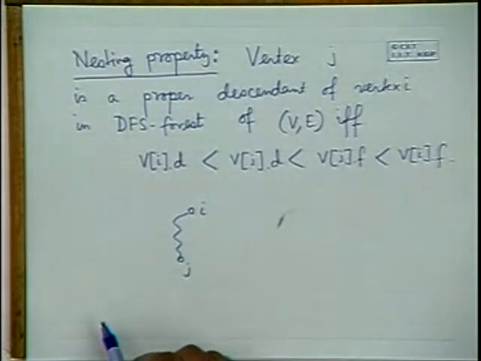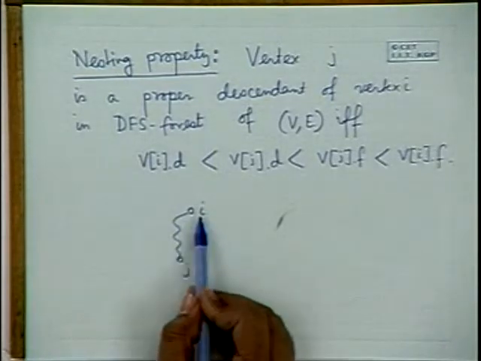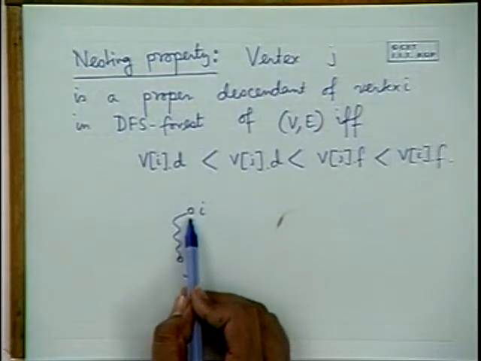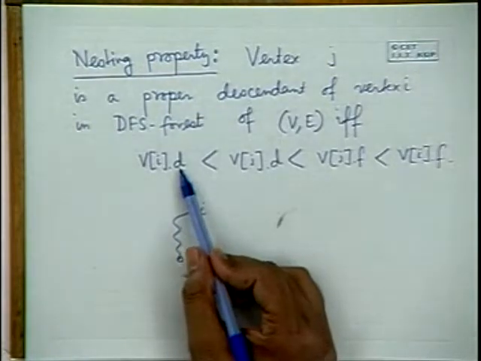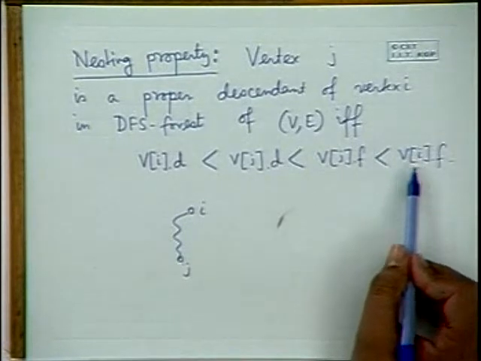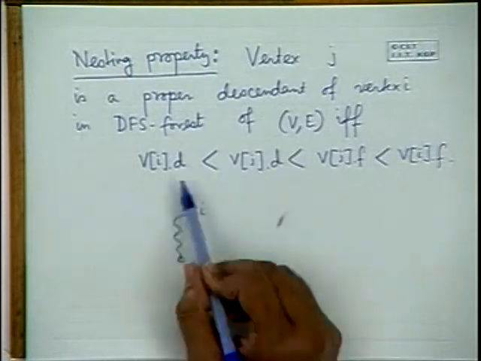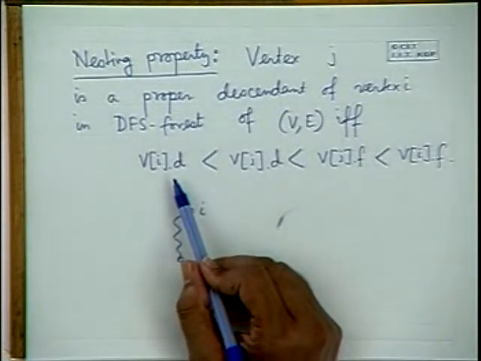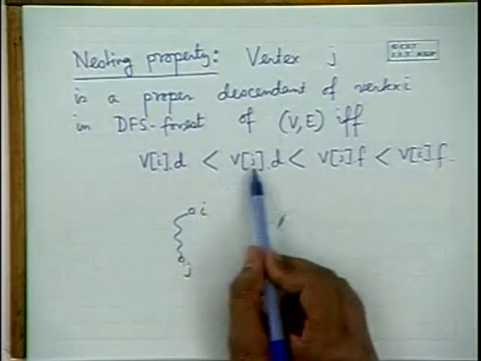In the tree, something like this will happen. When it will happen, you can see it must be the case that i is visited before j, right? So that's why Vi dot d is less than Vj dot d, because i is being first visited earlier than j. That's why this inequality.